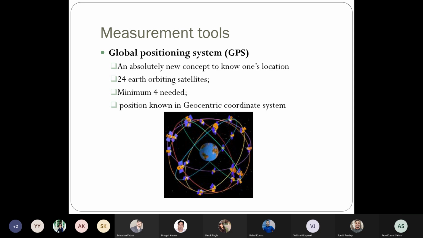It means 4 satellites should be tracked, and the signals coming from those 4 satellites carry the location of the satellite as well as the time at which the signal was sent.